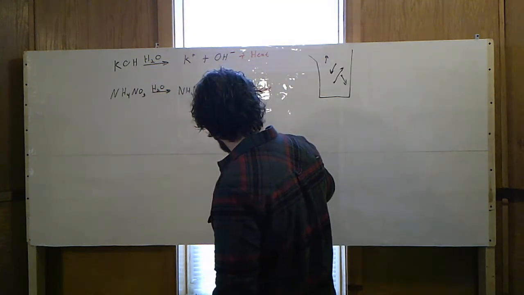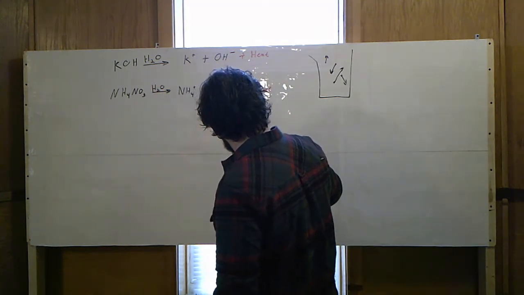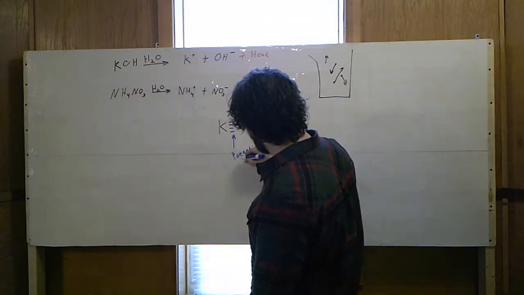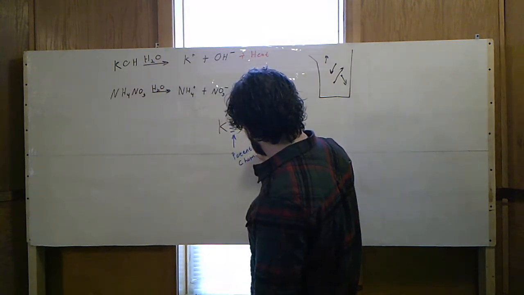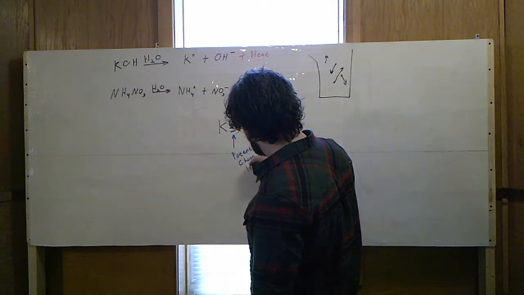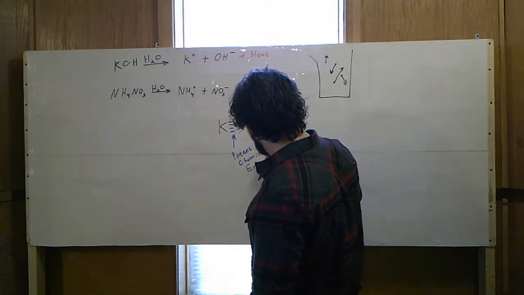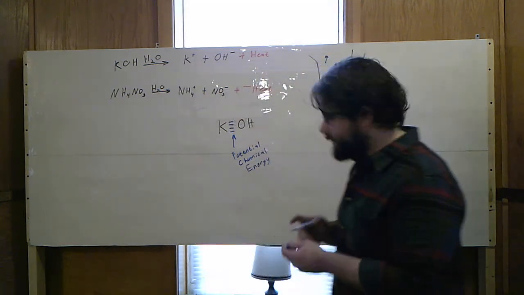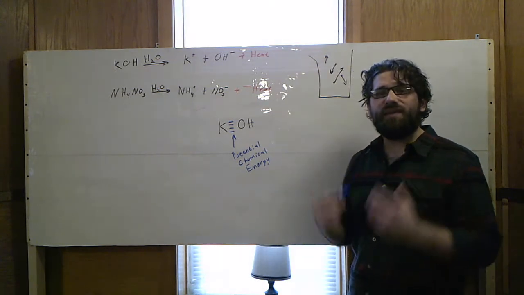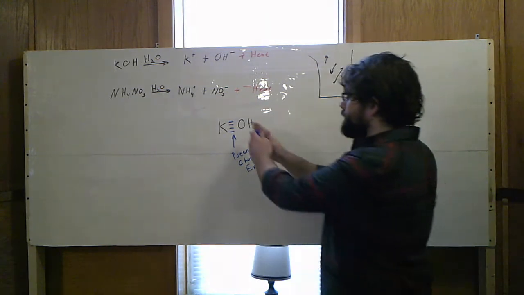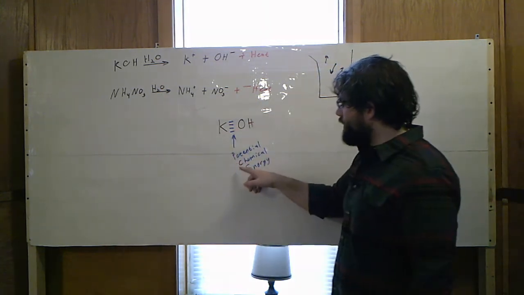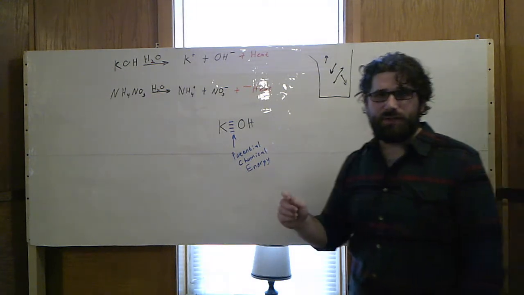We'll say potential, and we'll say potential chemical energy. So these bonds have potential chemical energy. And when these bonds are broken, that potential chemical energy gets released.